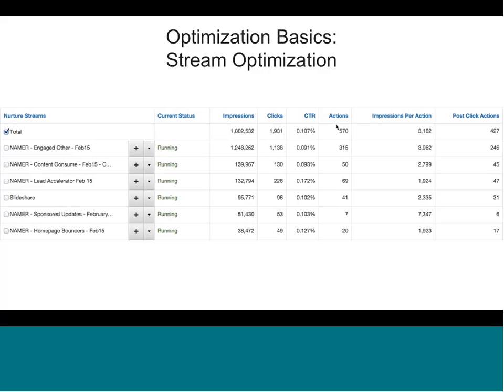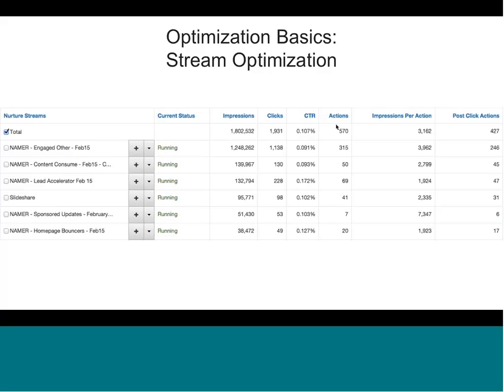So let's start with the underperforming part first. What we're going to do is look for streams that are really inefficient, and the best metric for that is impressions per action. It's a holistic efficiency metric from impression through click through to action. And since we're dividing impressions by action, we know that a higher impressions per action is worse, and a lower impressions per action is better or more efficient.